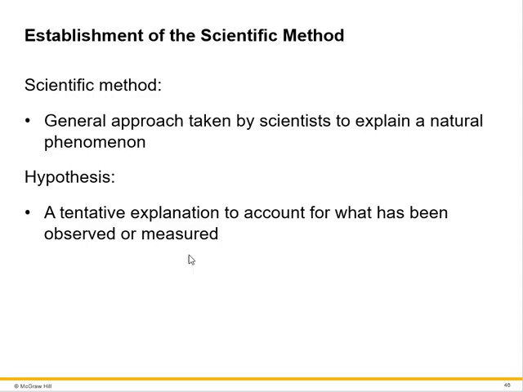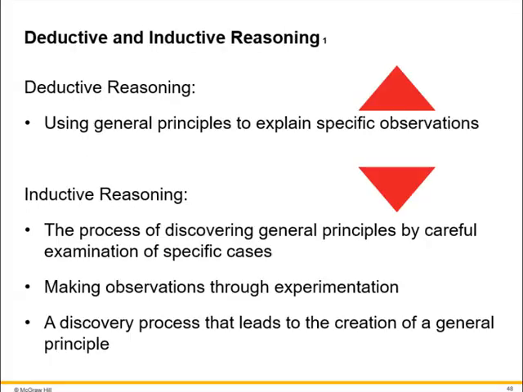And a tentative explanation, a potential explanation to account for what has been seen or measured in a natural phenomenon, so a tentative explanation for some natural phenomenon is a hypothesis.